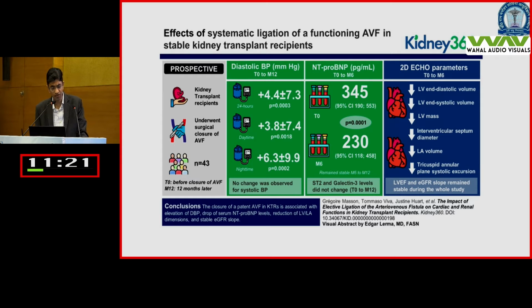Another small study by Mason et al. showed that on closure of the fistula, there was a rise in diastolic blood pressure of about 4 to 6 millimeters of mercury and a decline in NT-proBNP. The most important findings were a decrease in end diastolic volume, left ventricular mass, and LA volume. So the cardiac impact was quite significant.